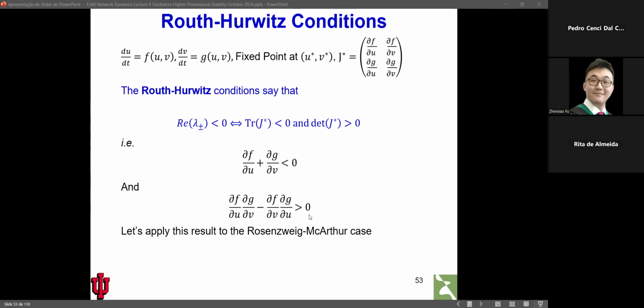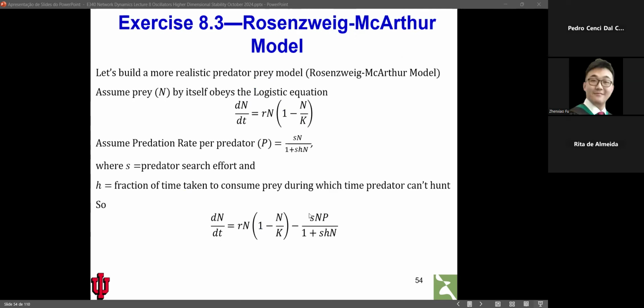So the idea now is to apply this result to the Rosenzweig-MacArthur case. We are going to build a more realistic predator-prey model. This is an exercise. In the Rosenzweig-MacArthur model, I assume prey N by itself obeys the logistic equation.